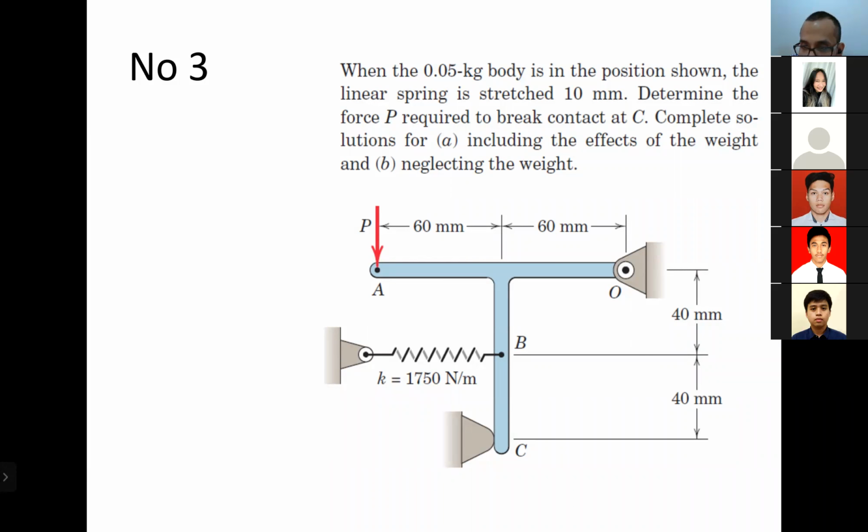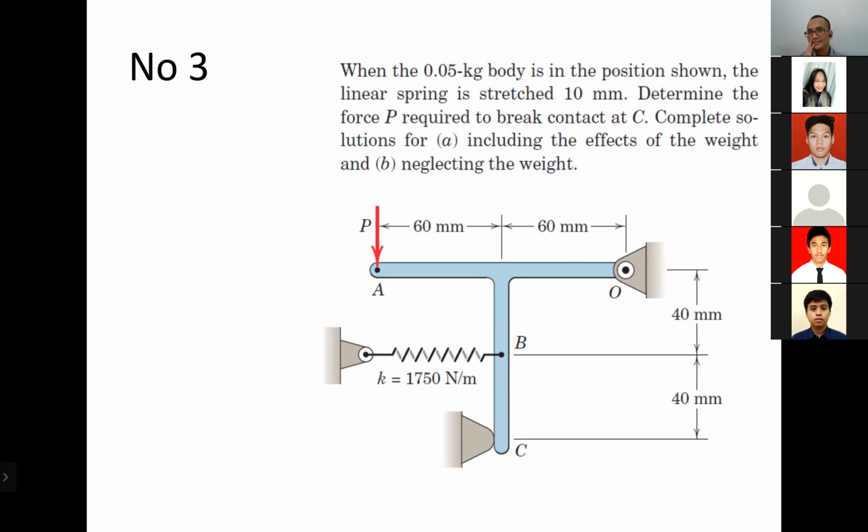The weight force, okay. When the 0.05 kilogram body is in the position shown, the linear spring is stretched 10 millimeters. I think at C, sir, the weight should be. I don't know where I should put the weight, but in my homework I put it in the middle of A and O. I think it should be in C.